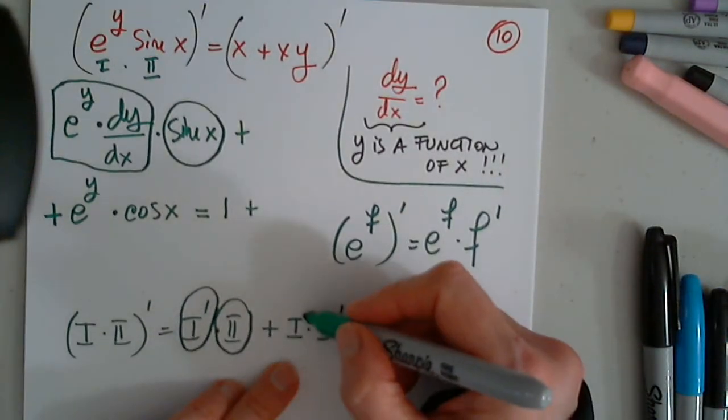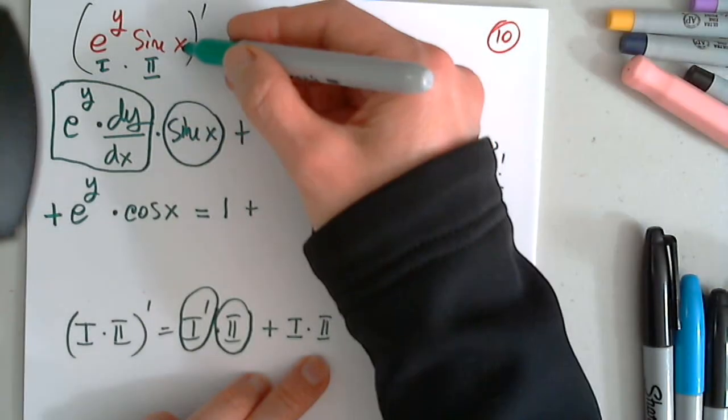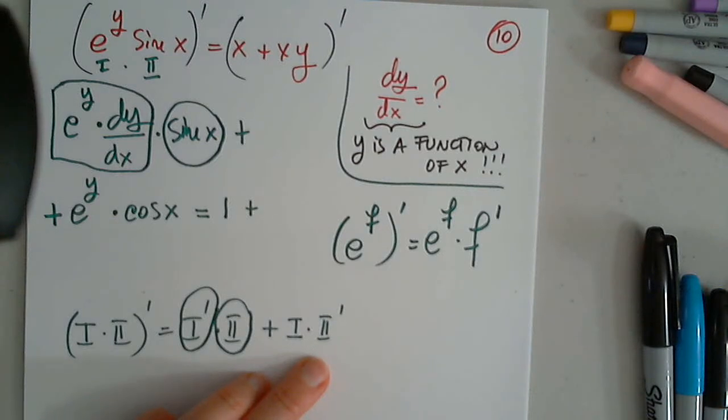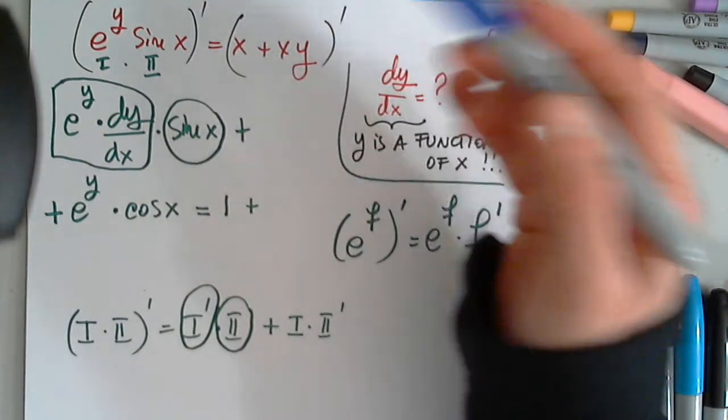So now 1 is e to the y, 2 prime, sine prime is cosine x. Is that okay? Is that a yes? Is that a no? Yes, thank you. Everyone on board? Okay, so now x is the variable.